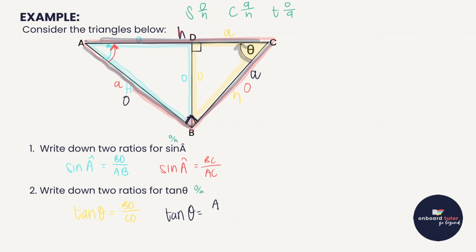So AB over BC. And there you have it. Sine, cos, and tan can be identified in many different triangles as long as you look at the angle and you assign opposite, adjacent, and hypotenuse to that specific triangle with reference to the angle that you are working with.